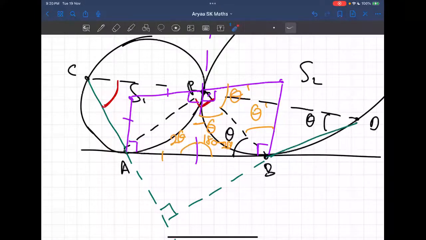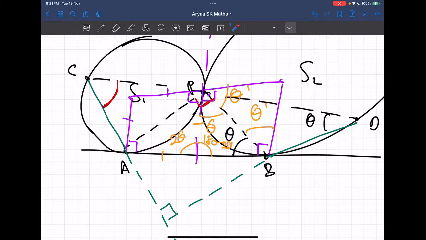Oh wait. We've literally had this angle as theta all along, which means... Oh no, never mind. I thought we might have been able to... No. And remember, we're also trying to equivalently prove this is 90.